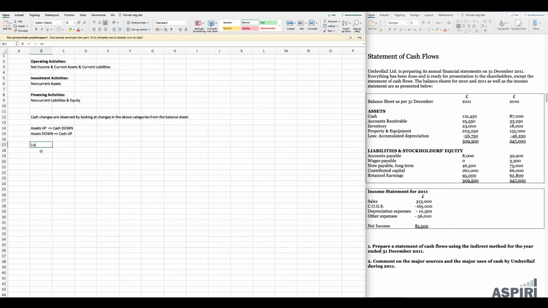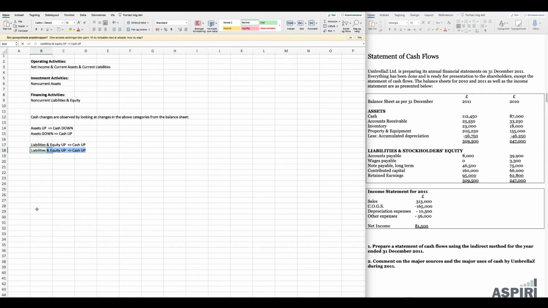So the other thing we want to look at is what happens to liabilities and equity if they go up. Well, then the cash effect is that cash goes up as well. So note that this is exactly the opposite of assets, where we saw that cash would go down when assets were up. For liabilities and equity, when that increases or goes up, the effect cash-wise is the same, that is, it goes up.